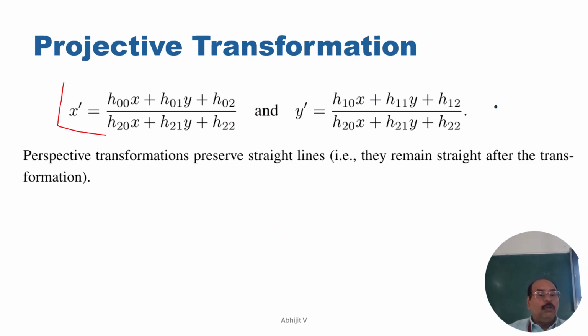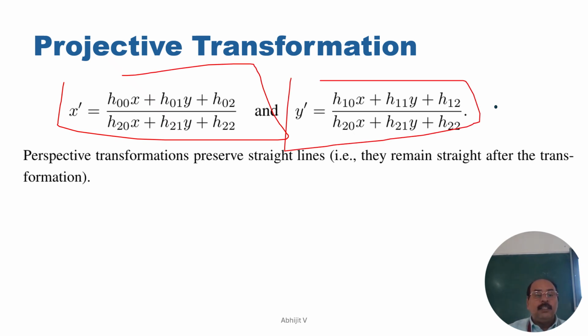So this is how the transformed matrix looks. X dash, you'll have the values. This matrix will have something like this: H00, H01, H02, and so on.